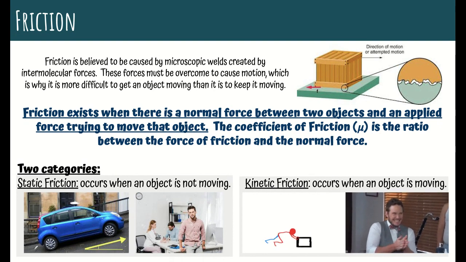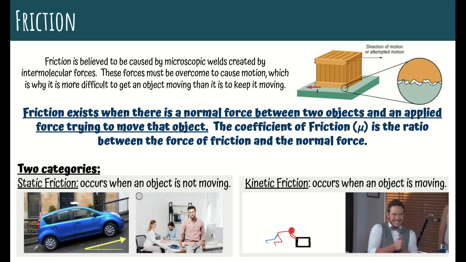In the example here on the screen in the top right with the box on the surface, you have two surfaces that are not completely smooth, and you have a lot of surface area in order for that to create these little bonds. So those forces have to be overcome in order to cause motion. That's why the static force is so much higher. You have to break those bonds initially to get the object moving, and then you have to keep applying the force to keep it moving so that it doesn't form those little microscopic bonds again.